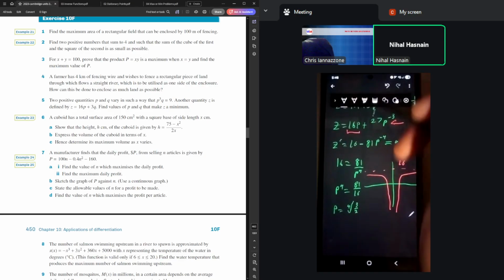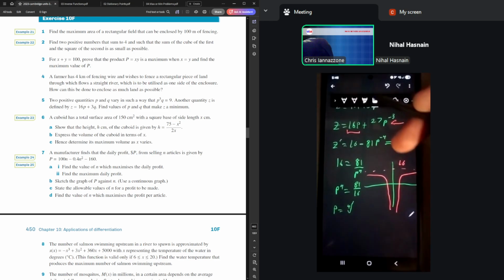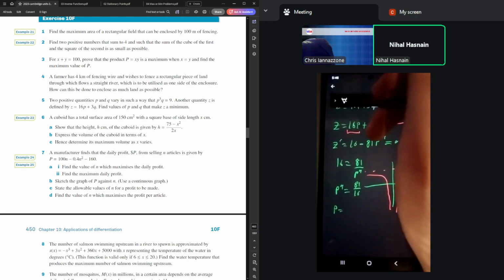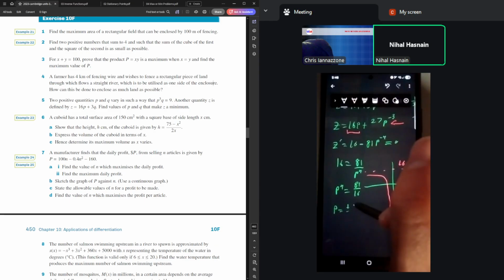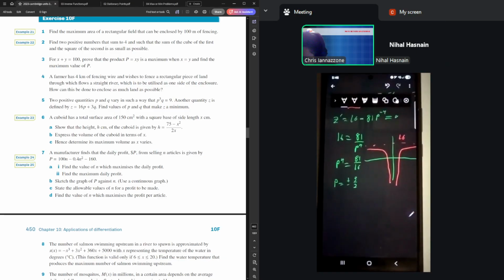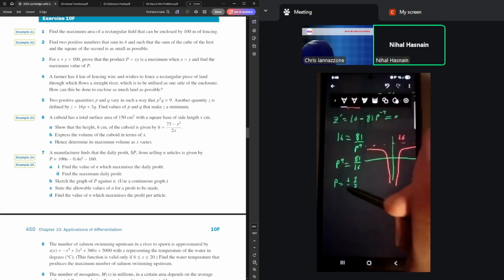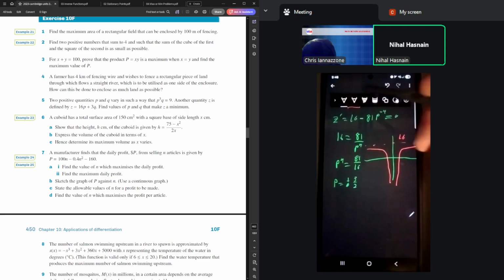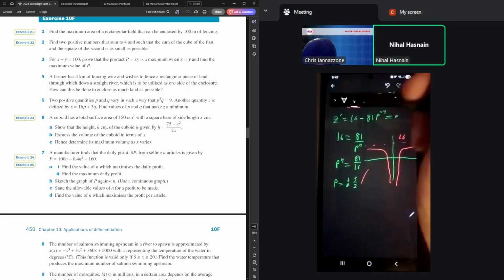Oh, hang on, the final answer ends up coming out to 3 over 2, does it? Yeah. So you get the plus minus 3 over 2, but we already know it's going to be the plus, because it has to be the top quadrant. So that's going to get us p equals 3 over 2.